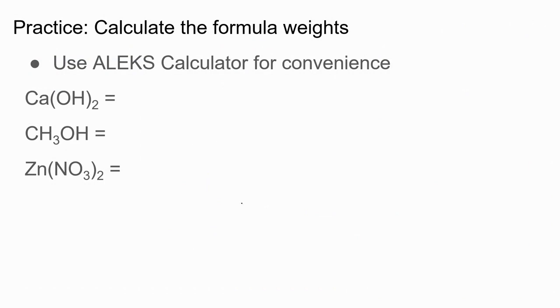Pick one of these, see if you can find the molar mass. You can use the Alex calculator or this periodic table, whatever. Just practice, make sure you know how to find the molar mass, the molecular weight.